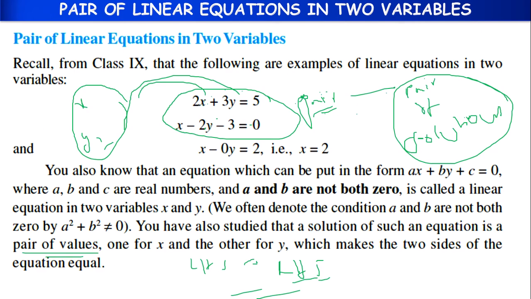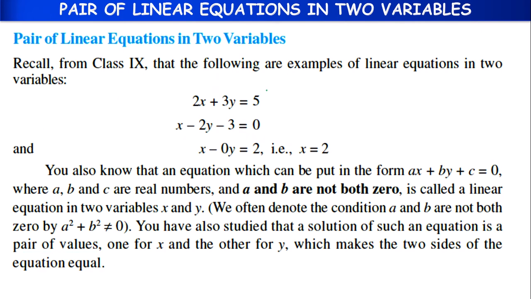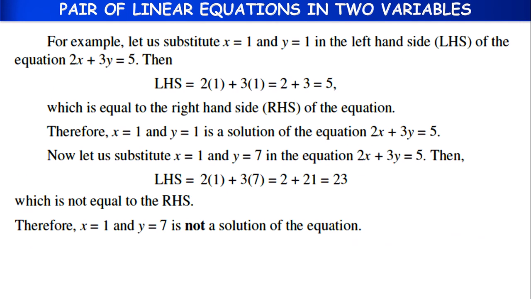For example, if we take 2x plus 3y equal to 5, suppose we substitute x equal to 1, y equal to 1 in the left hand side, LHS, which is 2x plus 3y. In place of x we put 1, in place of y we put 1.